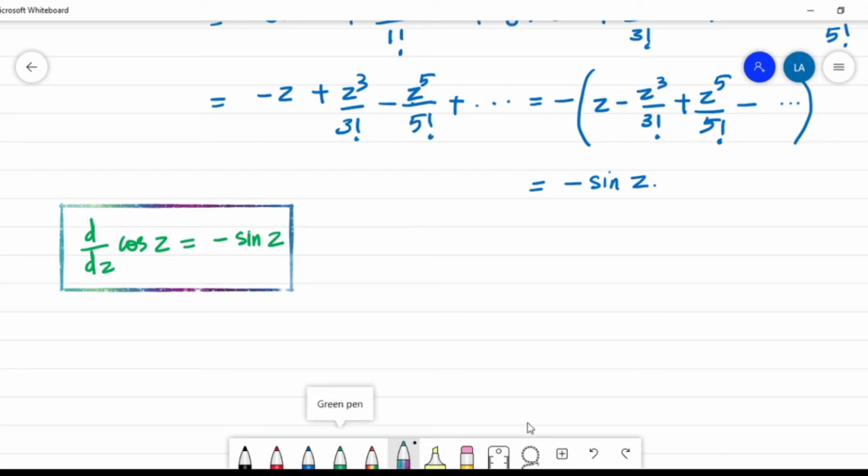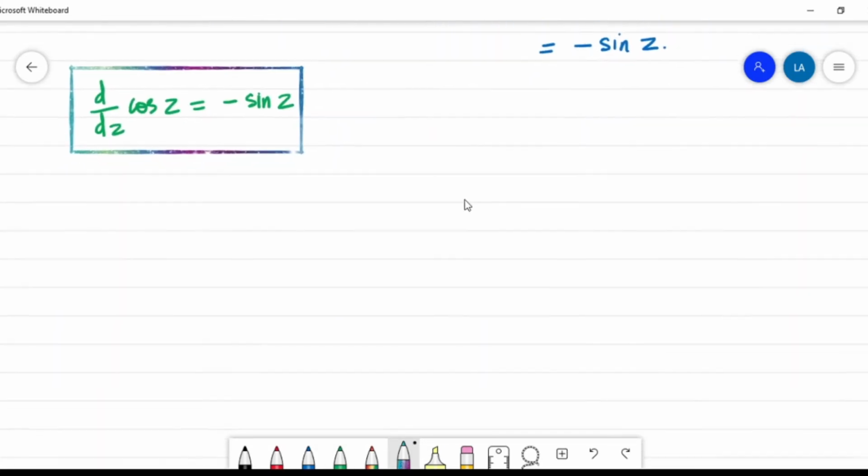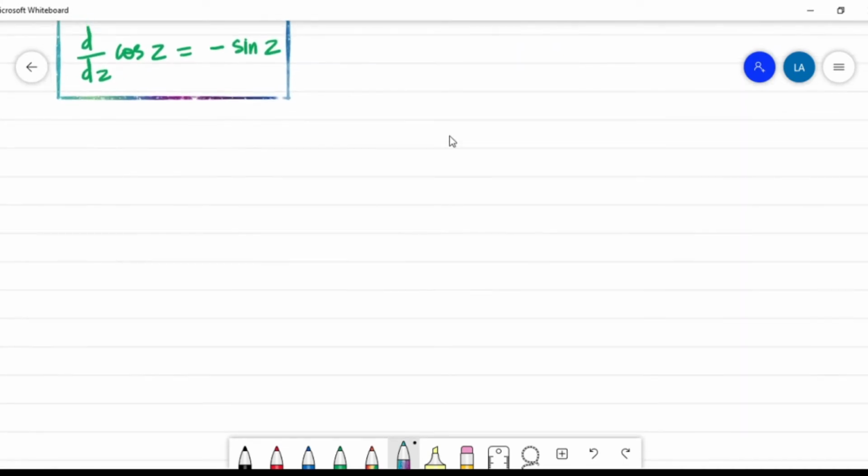So now let us see how we can find the derivative of sine z.